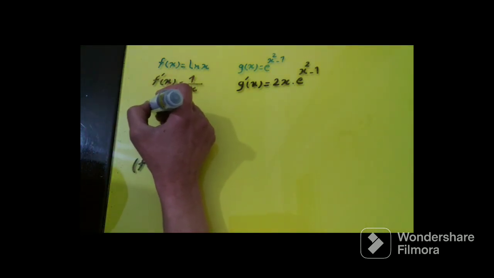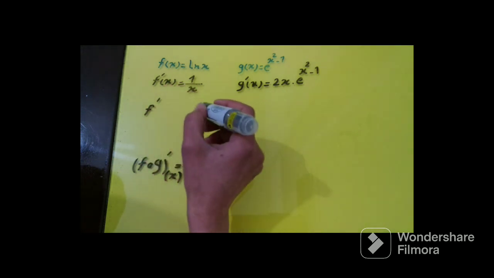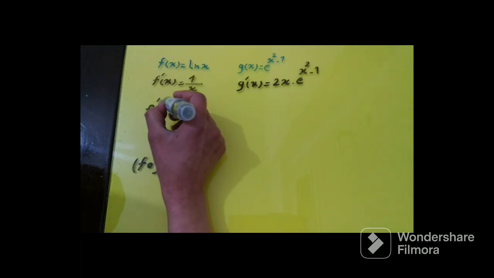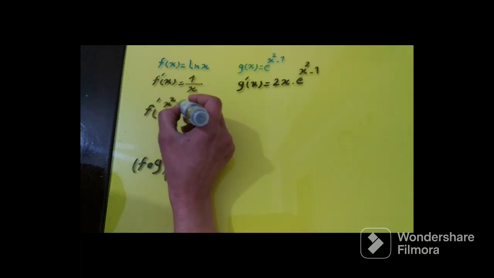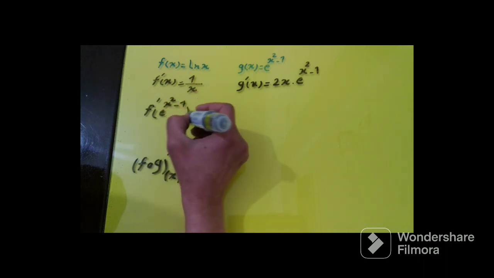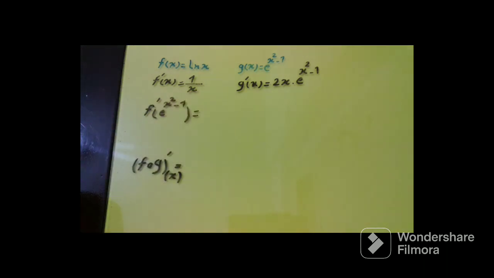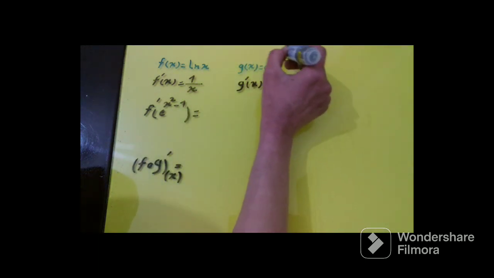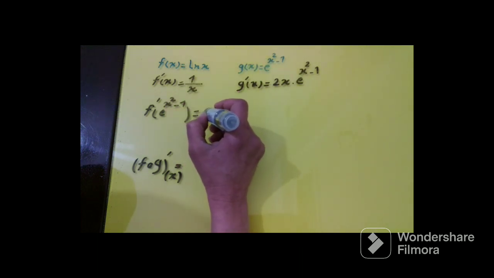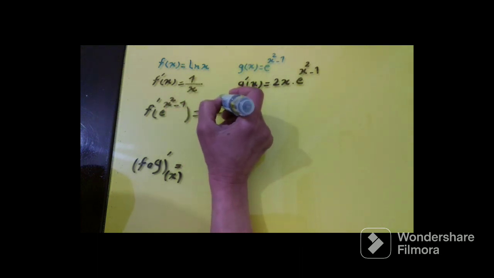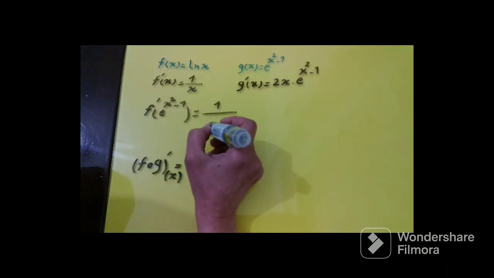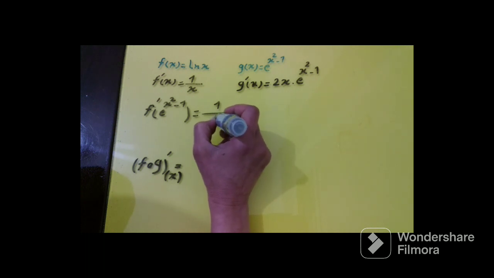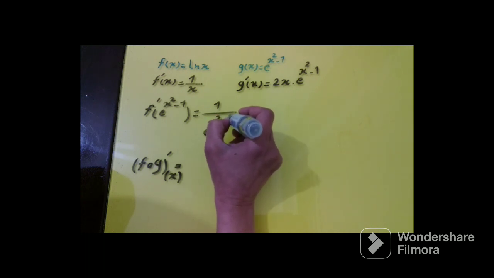So it's gonna be f prime, e to the x squared minus 1. Replace g of x, this term, instead of x. It's 1 for up and for down, e to the x squared minus 1.